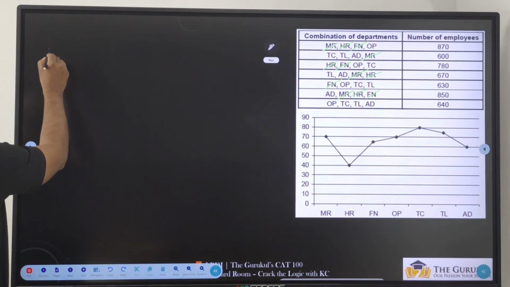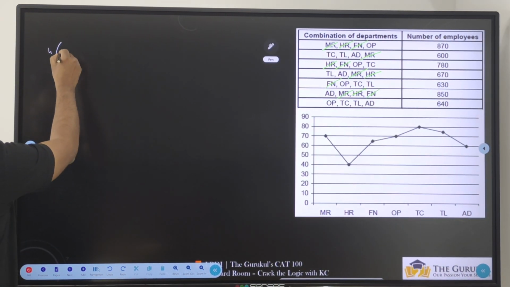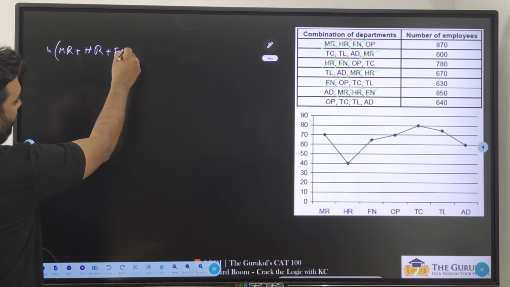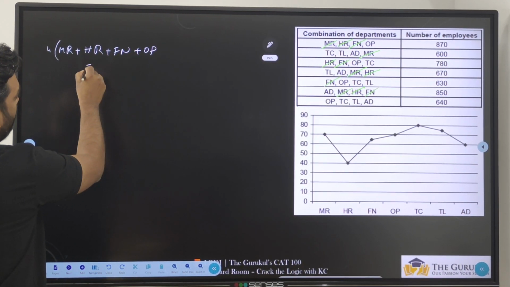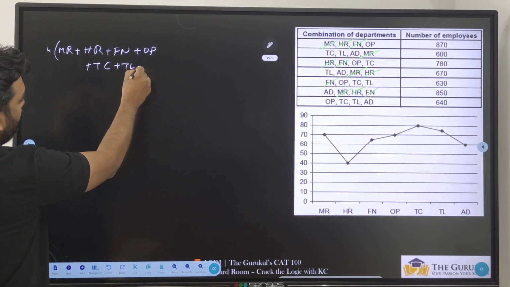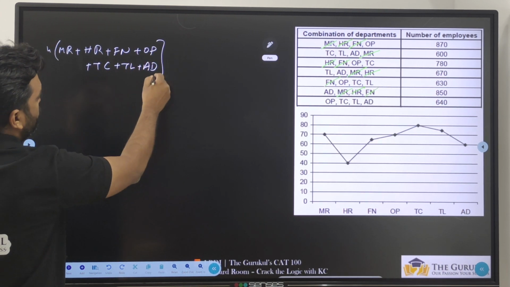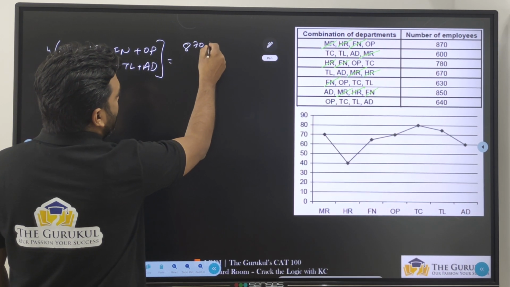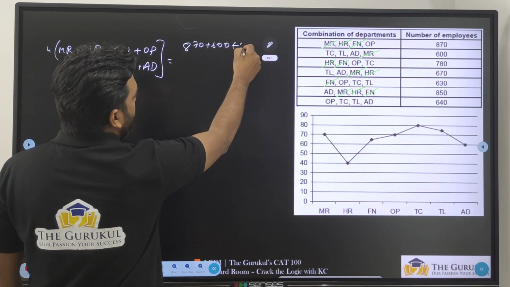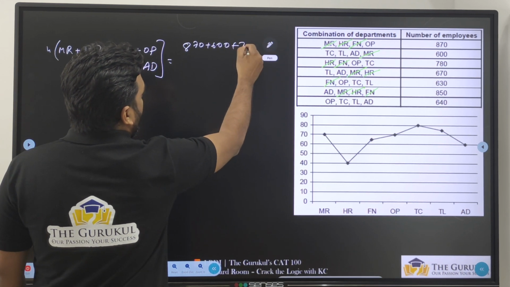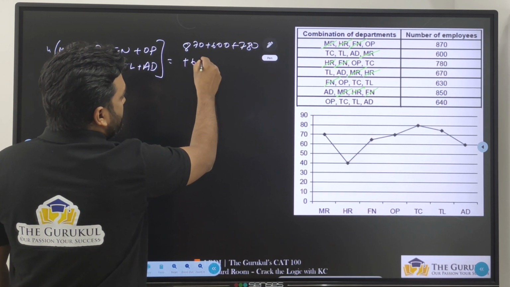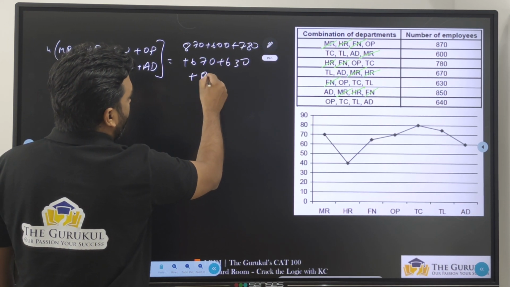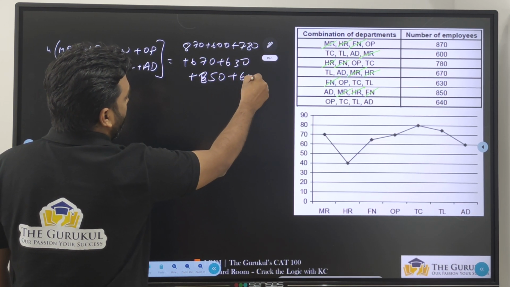Which means 4 times of MR plus HR plus FN plus OP plus TC plus TL plus AD should be equal to the sum of all those values, that is 870 plus 600 plus 780 plus 670 plus 630 plus 850 plus 640.